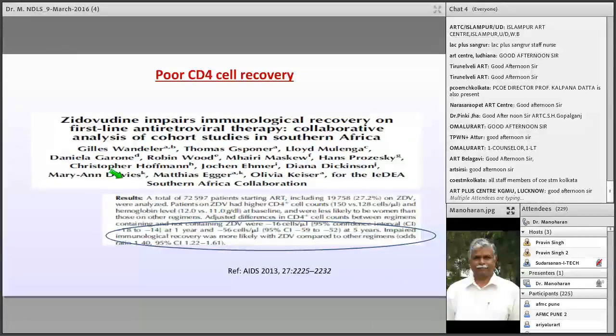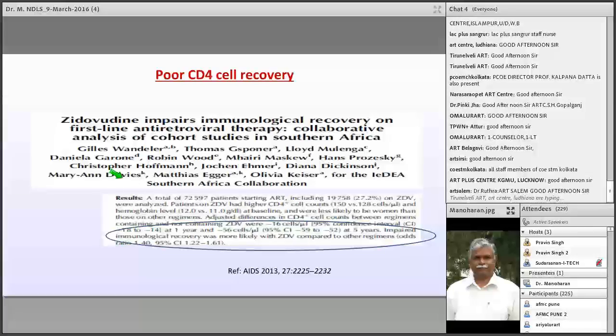Okay. Now there are other reasons for poor CD4 cell response. All of you know that zidovudine is one of the main drugs which we use in the national program, and this particular article says zidovudine impairs immunological recovery on first line antiretroviral therapy.